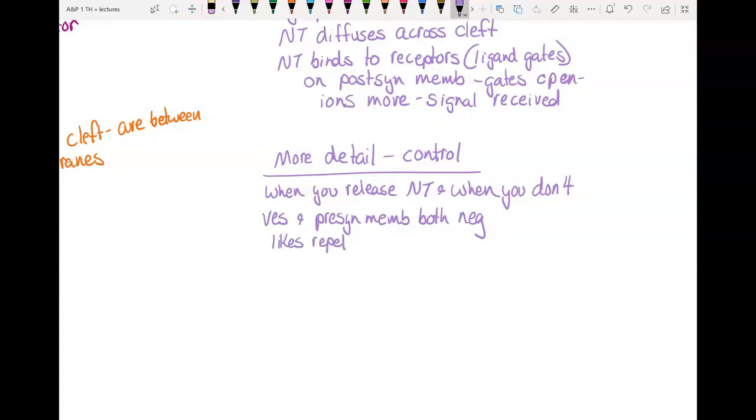So the vesicles do not want to get near the presynaptic membrane. If they do, they're pushed away by that electrostatic charge. So as long as they're pushed away, they cannot secrete their neurotransmitter.